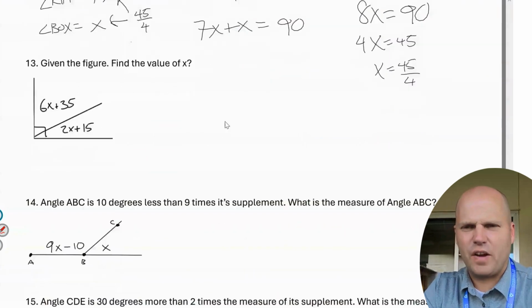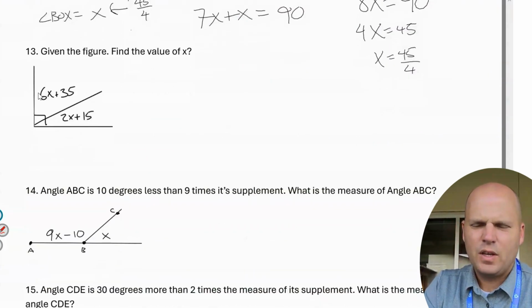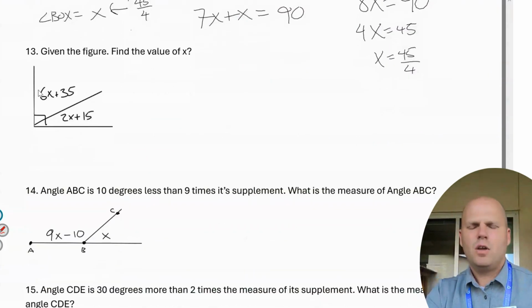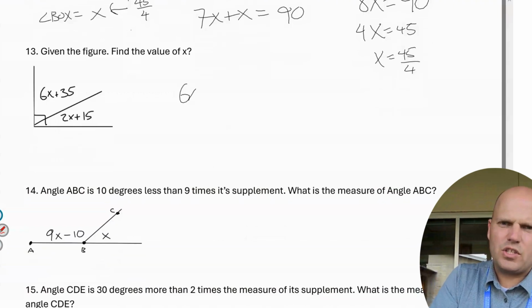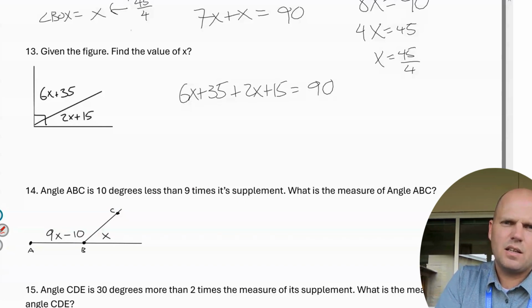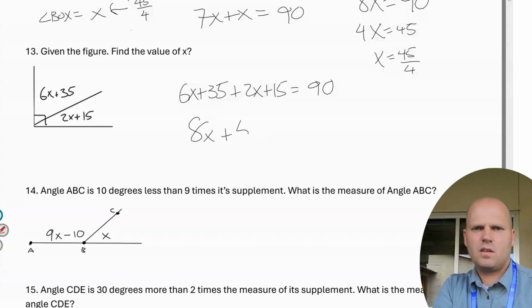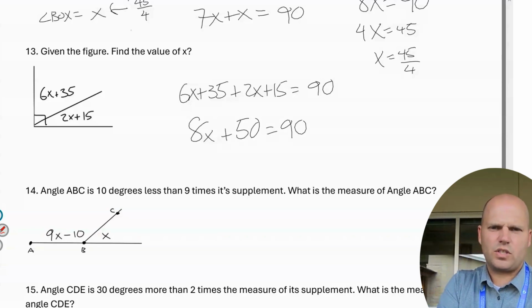Cool. 13 is very similar. We have a picture though. We can see the right angle symbol. So these two angles have to be added up to equal 90. This works out better.